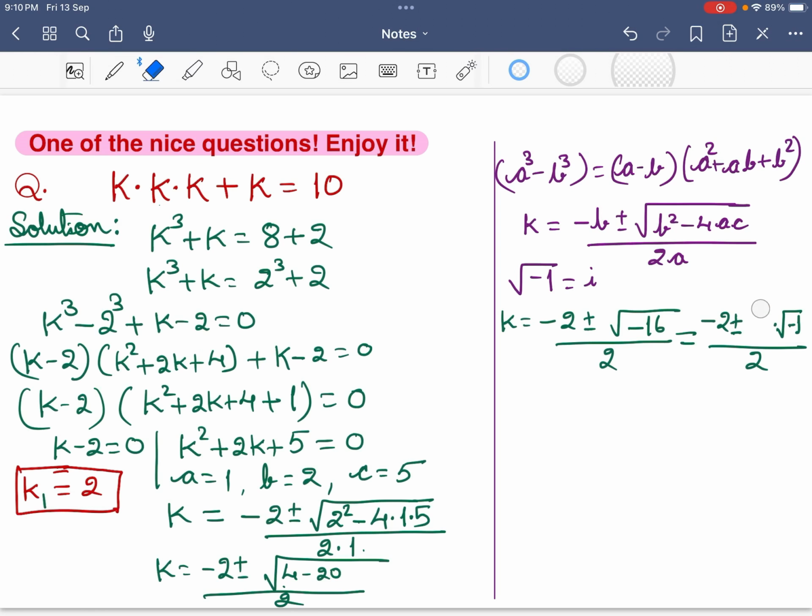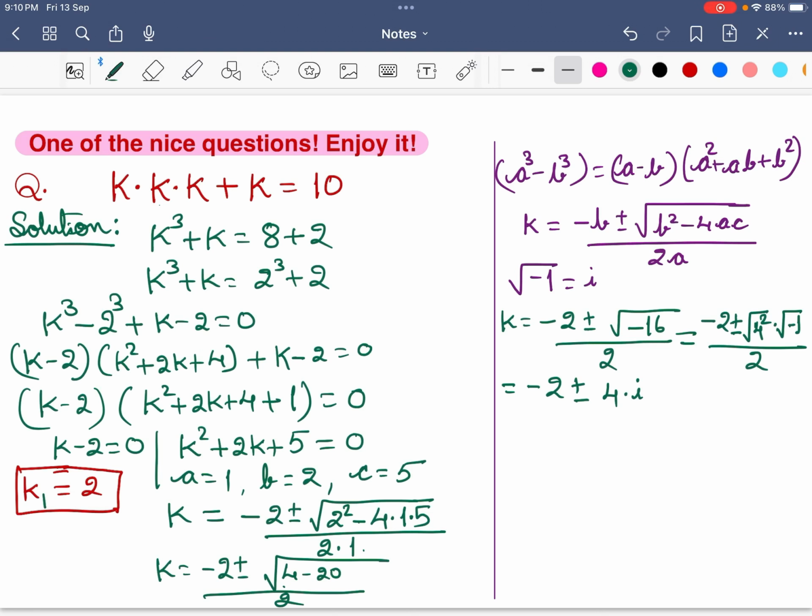Square root of minus 16 means square root of 4 square times square root of minus 1. The square root cancels with the square and 4 comes out.